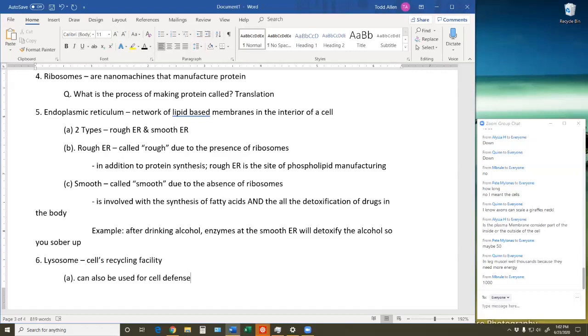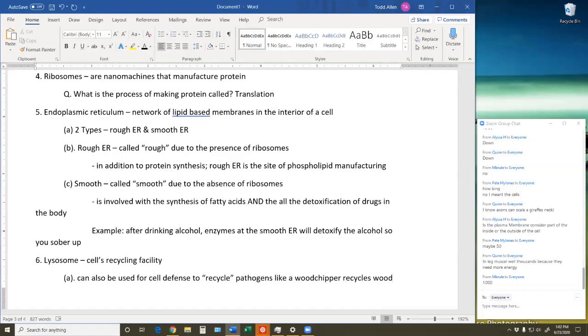But the point is that your body will attempt to use the lysosome as a defense mechanism, as a defense structure. It can be used for cell defense to recycle pathogens like a wood chipper recycles wood.